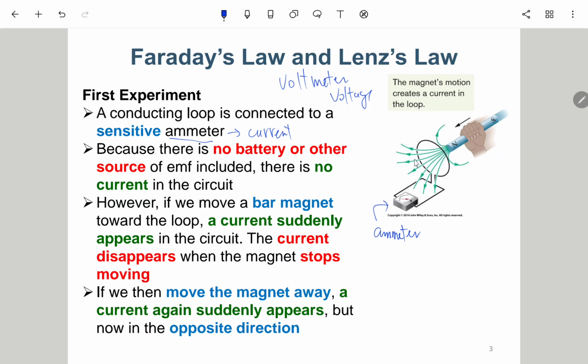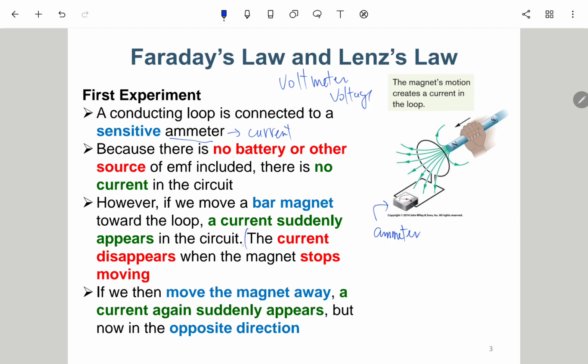This is the loop, and this may be the north face of the bar, moving towards the loop in this direction. If you just move it in some other way, there won't be any current. But if we move this magnet bar close to the loop, then a sudden current appears, and the current disappears when the magnet stops moving.